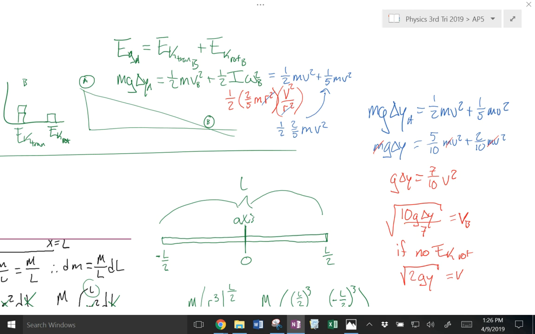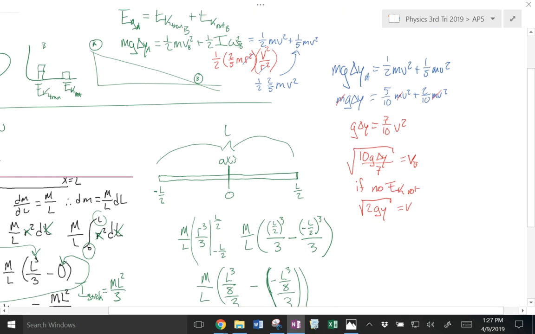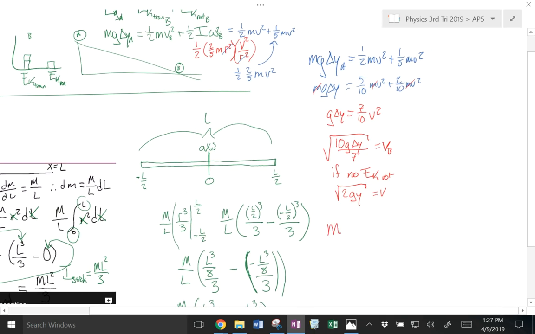If instead you'd used a different shape, you would just put in a different value for the moment of inertia. So if you had used a hoop, you would put in mr squared, and you would have mg delta y equals 1/2 mv squared plus 1/2 of, again, if it's a hoop, the moment of inertia is mr squared.